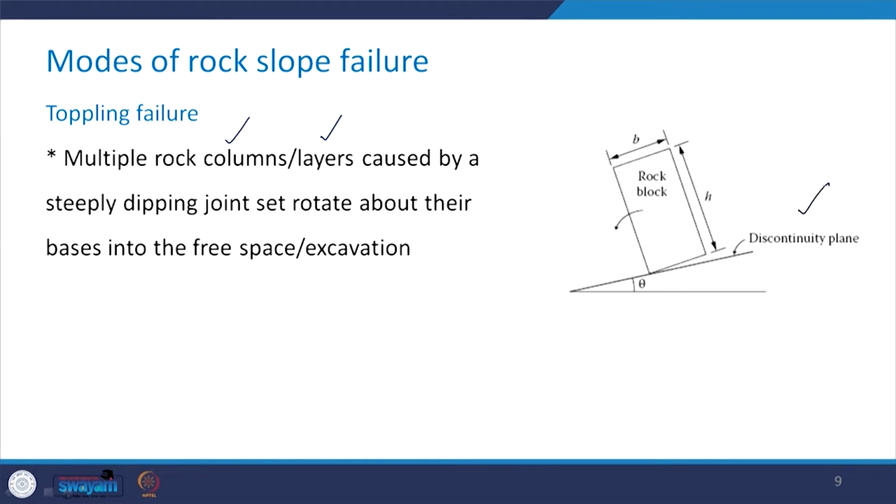Take a look at this figure: you have a discontinuity plane and this is a rock block which is steeply dipping, and if this rotates about its base, see, this is its base, there is a chance that the toppling of this block will take place. So, such type of failure falls under the category of toppling failure.